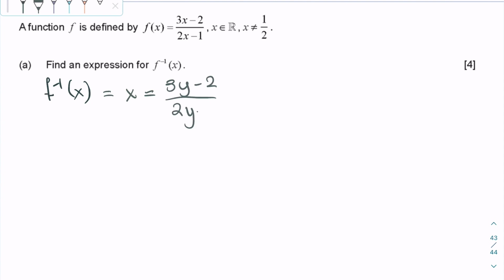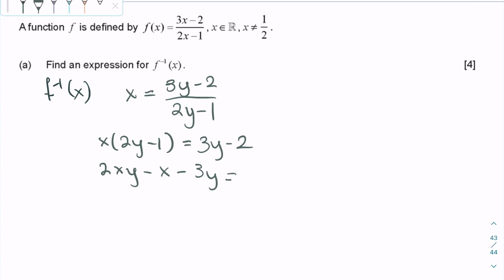We then multiply by the denominator on both sides, and we isolate the y. Now you could have also isolated the x if you had switched x for y at a later stage. But what we're trying to do is isolate the other variable.